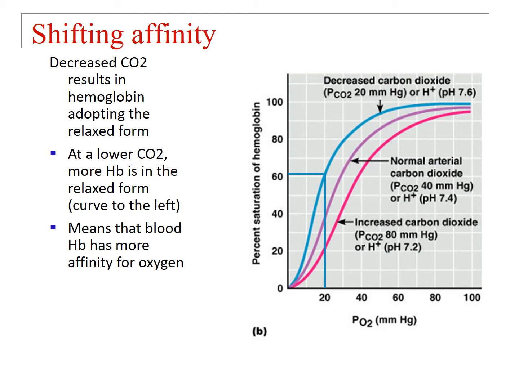When you move out to the tissues, your pH drops because of all the CO2 out there. When your pH drops, you shift to the taut form. Your hemoglobin does not hang on to oxygen nearly as easily, and this makes it easier to move the oxygen from your red blood cells to the tissues that need it.